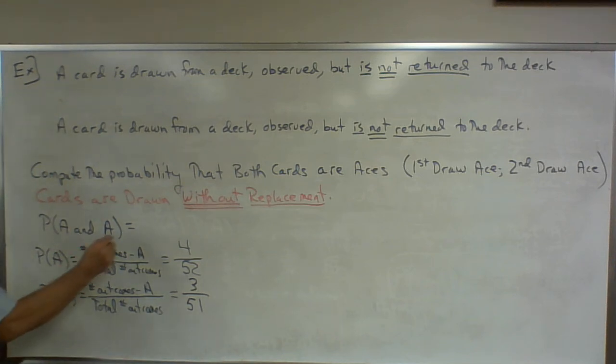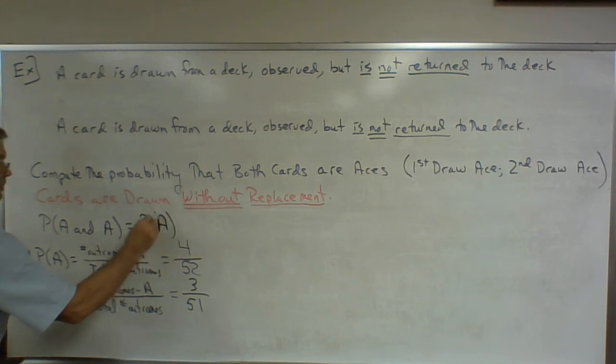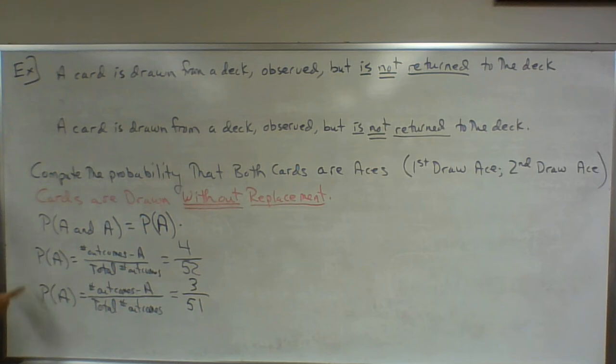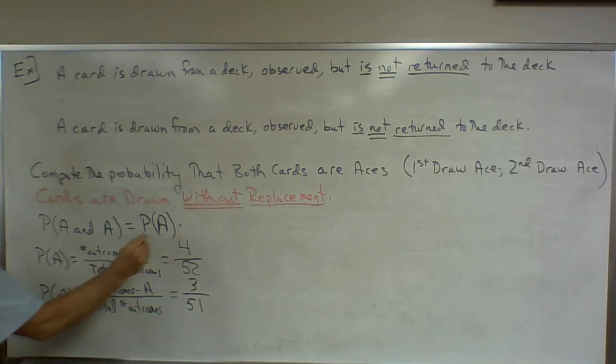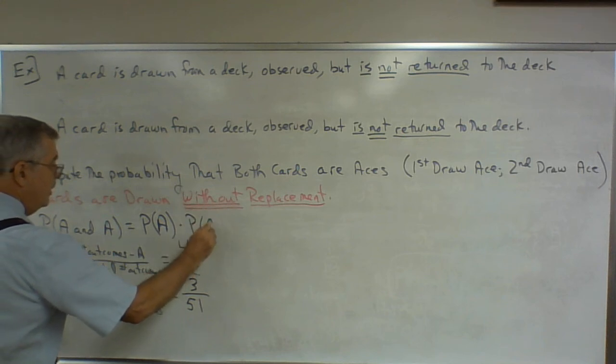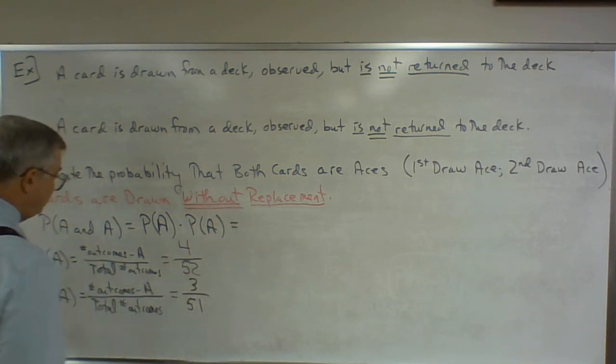So we have the probability of an ace on the first stage and getting an ace in the second stage. That's the probability of an ace in the first stage times the probability of getting an ace in the second stage, and they're going to be different.